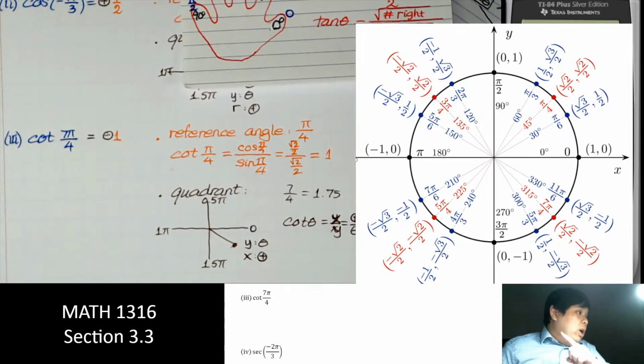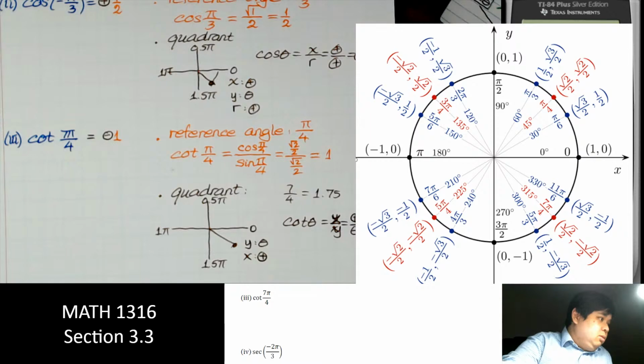By the way, if we have the unit circle, on the unit circle we just take the values. So 7 pi over 4 will be right here.